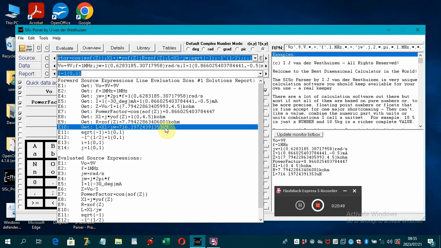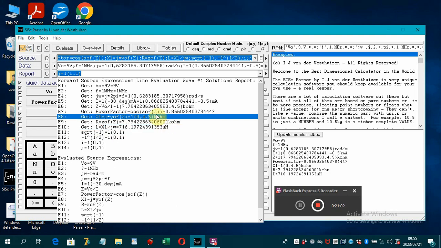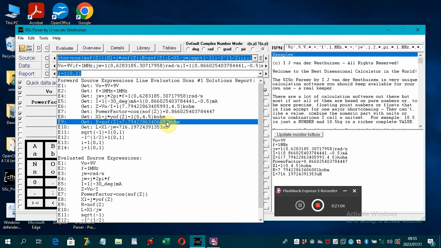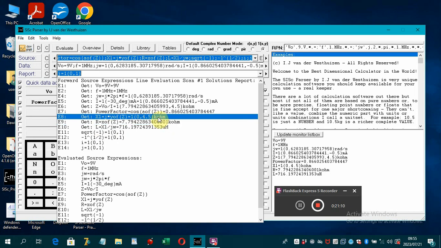And I will show you the source code: I never told the parser that it should be micro Henries. The same with the kilo ohm, it was also calculated. You see, it's not only ohm, it's kilo ohm. So the parser is smart enough to know the unit only from the formula, so you don't have to do any unit conversions in your formulas. It's all done automatically for you.